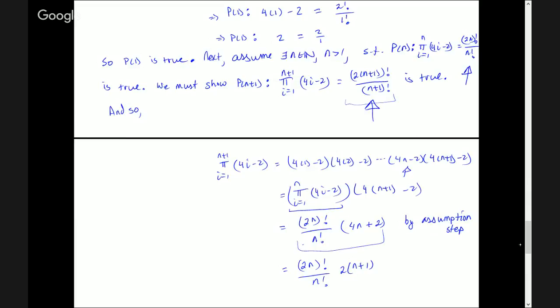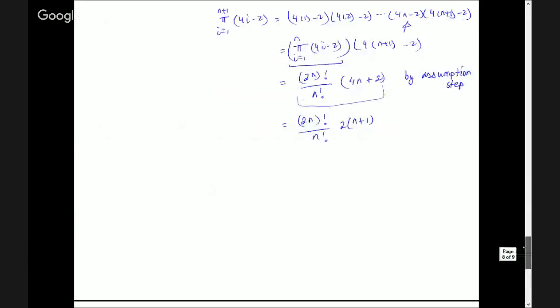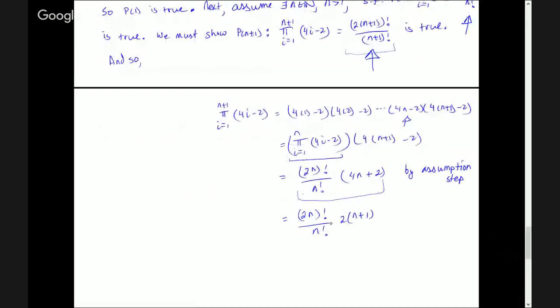Can you get from here to here? So then just multiply that. I'm actually going to put this over 1. And then notice that that becomes a 2 times an n plus 1 factorial.